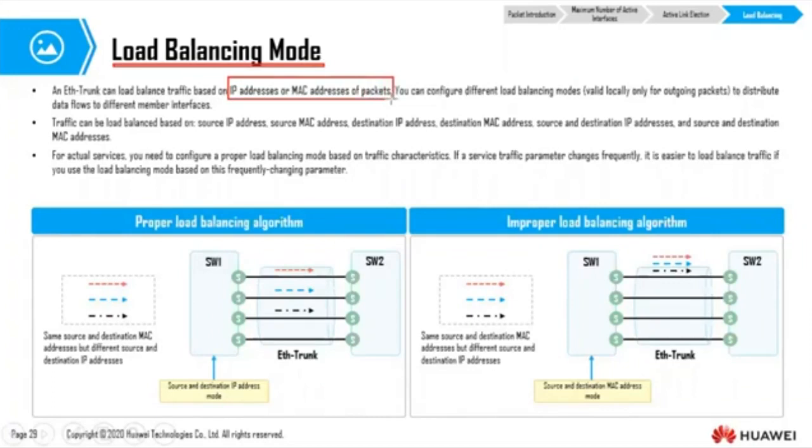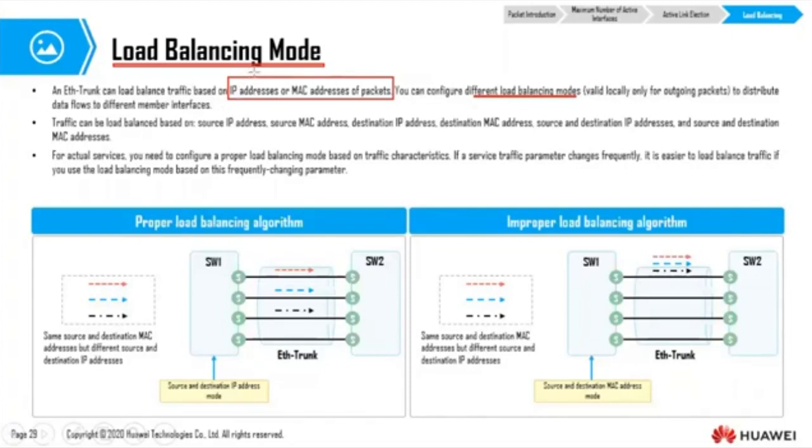That's what I've said. So you can configure different load balancing modes. This load balancing mode will be valid locally only for outgoing packets to distribute data flows to different member interfaces.